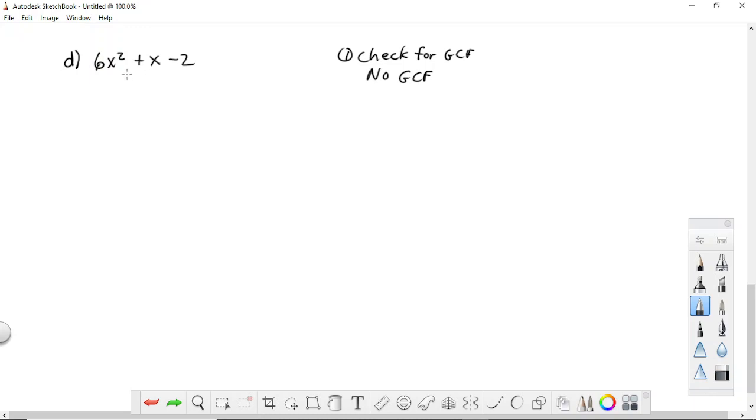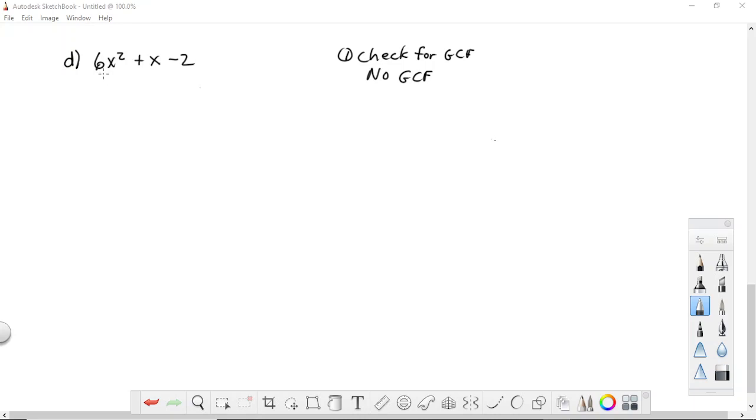You can't take x out of all three terms. Look at the numbers. Well, the coefficient of x here is 1, so you can't divide anything out of that. This common factor has to come from all three. It has to be a factor of all three terms. So there's no GCF, which means we just proceed just like we did the other day. There is no GCF, so nothing to factor out.